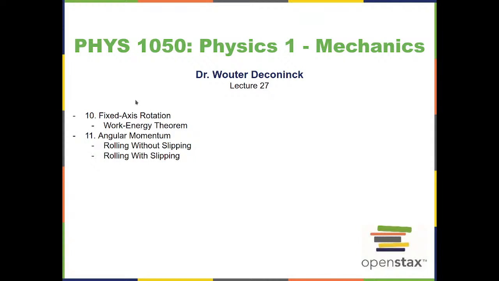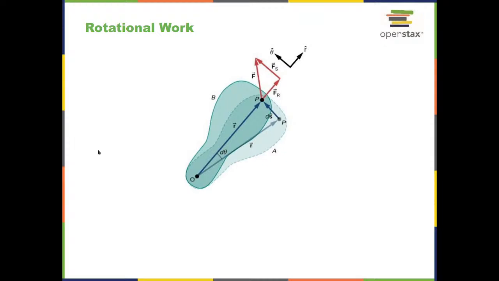What we introduced last time was the expression for work in rotational coordinates. We are looking at an object that is rotating from one position A to a position B, around a fixed axis at the origin.